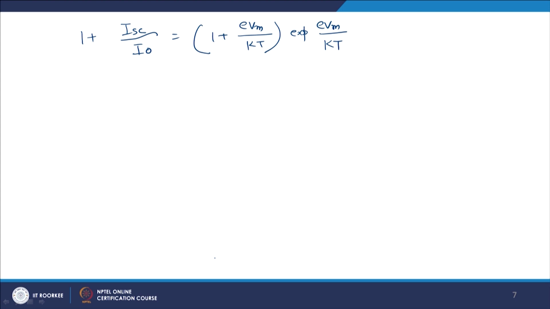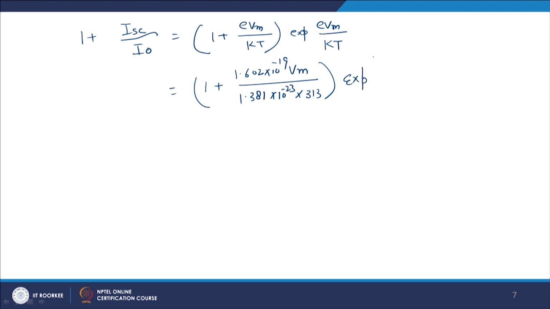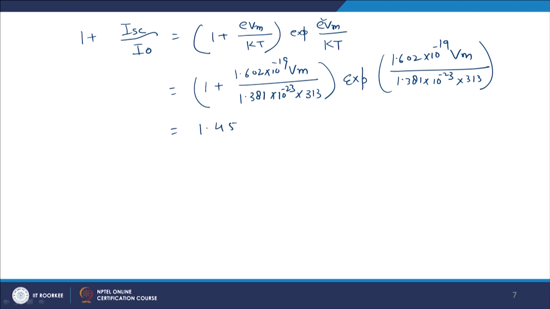So, from this we will simply put in the values, it is going to be equal to 1 plus 1.602 into 10 to power minus 19 Vm, Vm is not known, divided by K, 1.381 into 10 to power minus 23, into temperature 313, and exponential of again E Vm divided by K, 1.381 into 10 to power minus 23, into 313, is equal to 1.4544 into 10 to power 9, that is this one.